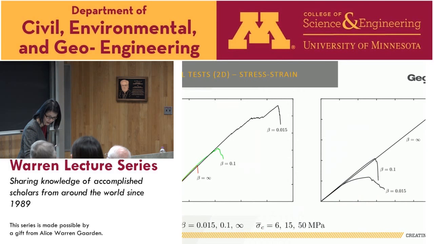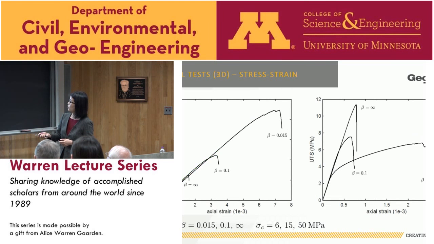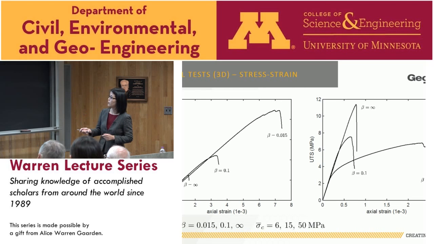And because the area underneath the curve is constant for different beta, only the number of cracks would be the different outcome for these three cases.